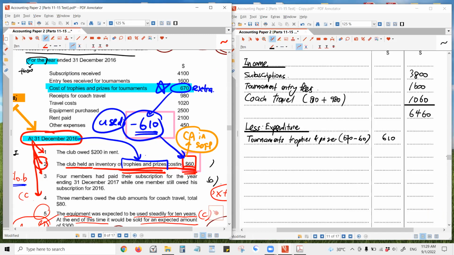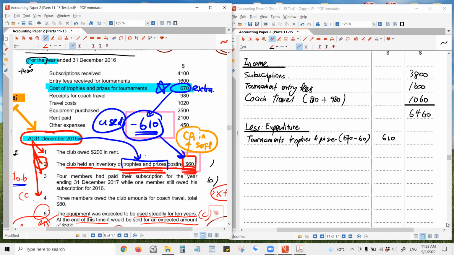I'm not sure if you have seen something known as stationery. Stationery is also treated the same as this. Stationery are those pencils, pens, papers, erasers. You could have bought a lot of stationery, and then during the year you have used maybe just half of them.